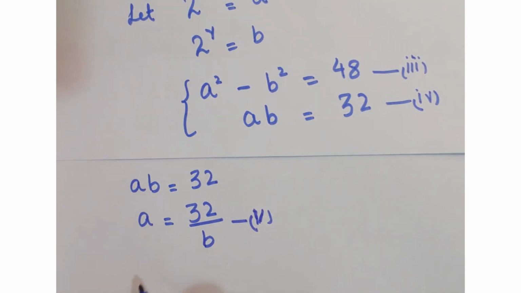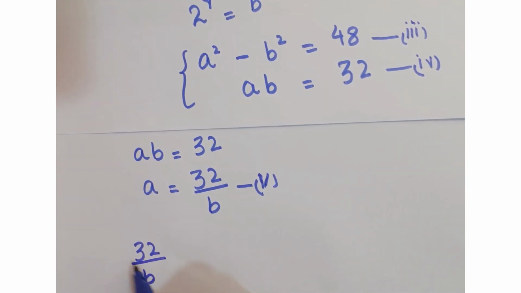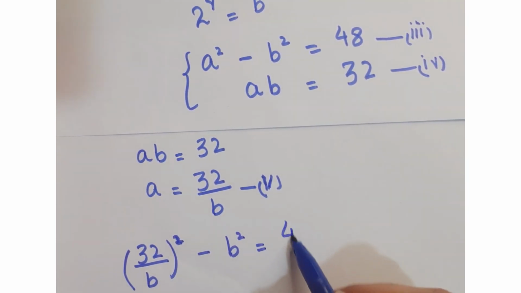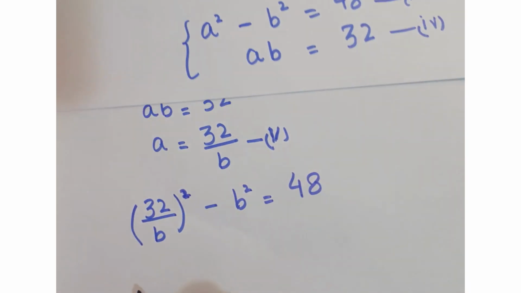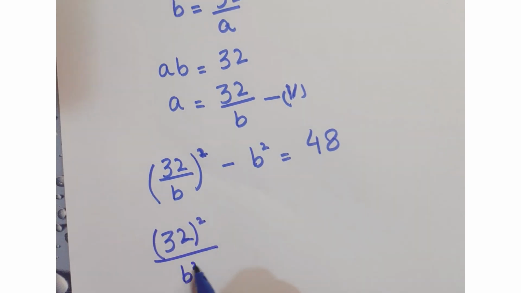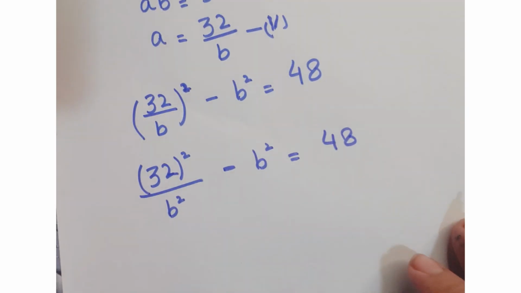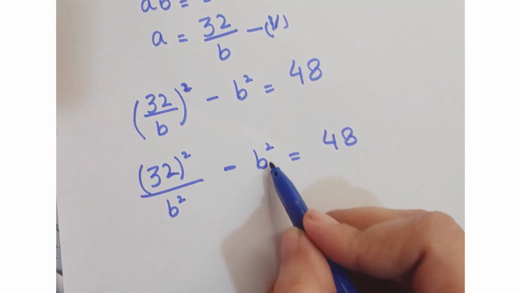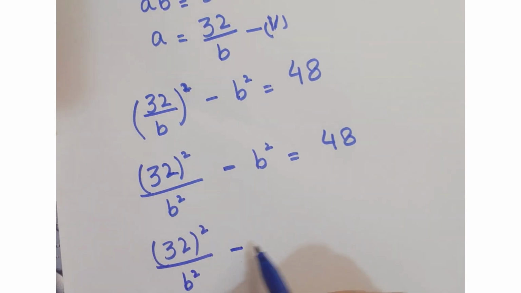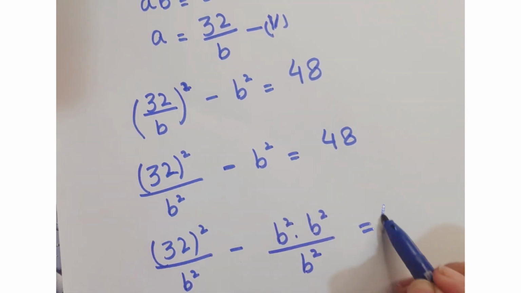Now call it equation number 5. Put this value of a in equation number 3, you get (32 upon b) whole squared minus b square is equal to 48. Further you can split it as 32 square upon b square minus b square is equal to 48. Now making the denominator the same, multiply and divide b square by b square.